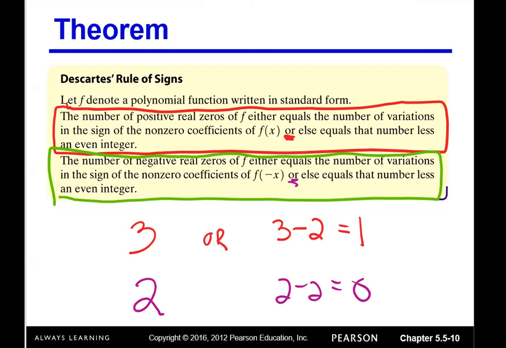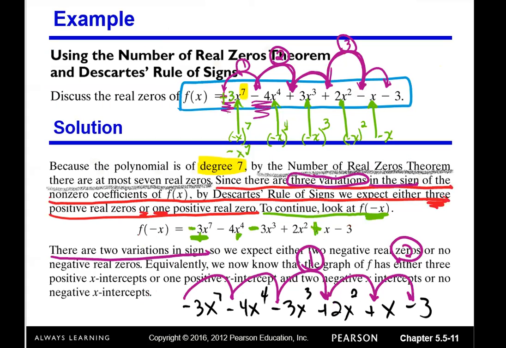And that's how they get their answers on this one. There are 2 variations in the sign, so we expect either 2 negative real zeros or no negative real zeros.